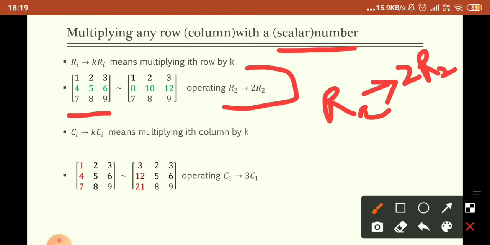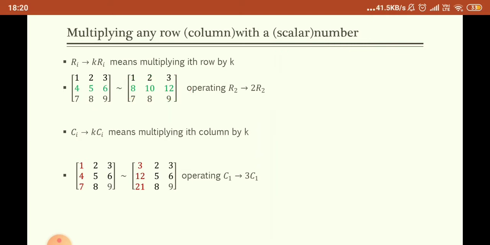You can multiply any row or column with a number of your choice for your convenience, according to what you need the matrix to be. Here you can see the second row 4 5 6 is multiplied with 2, and we get the new matrix in which the second row is changed and all the other rows are the same.